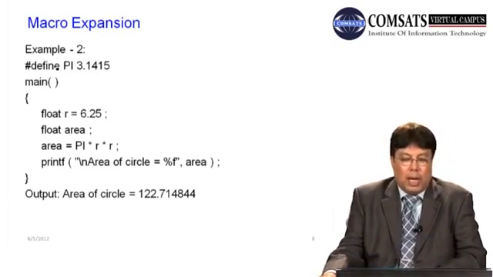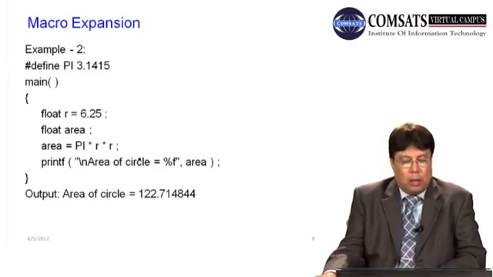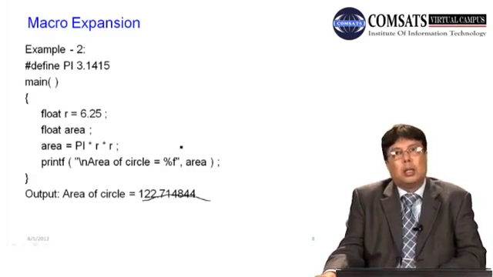So the value of pi has been defined here, and the area is equal to pi multiplied by r squared, and the value of r is given. So it will replace r with 6.25, and the value of area can be computed by putting the value of pi here, and you can compute the area and find out that this is the answer.